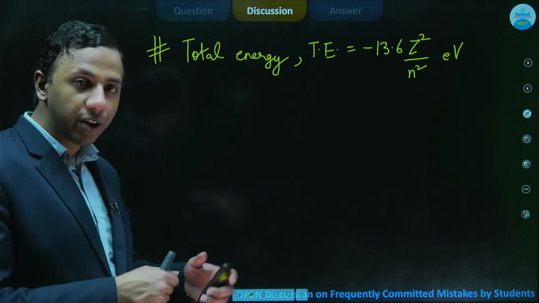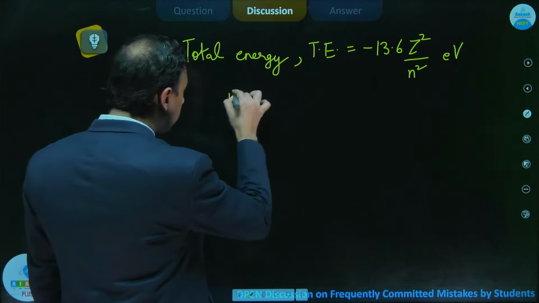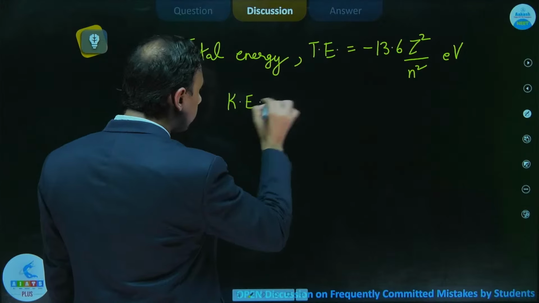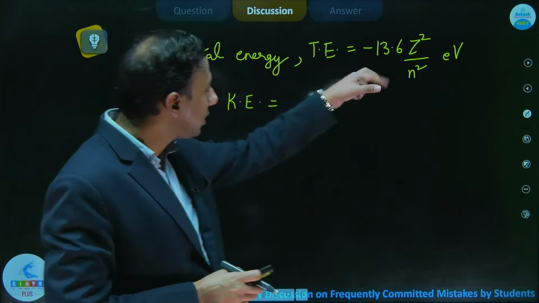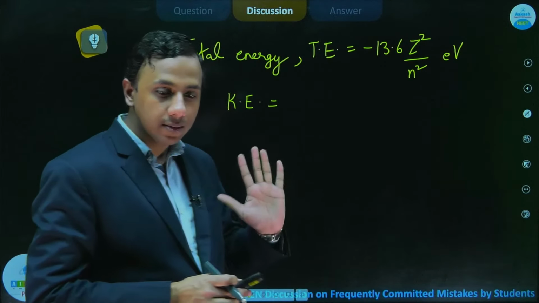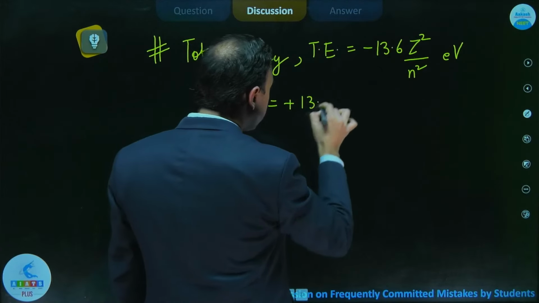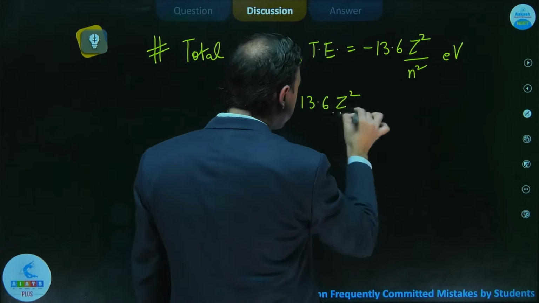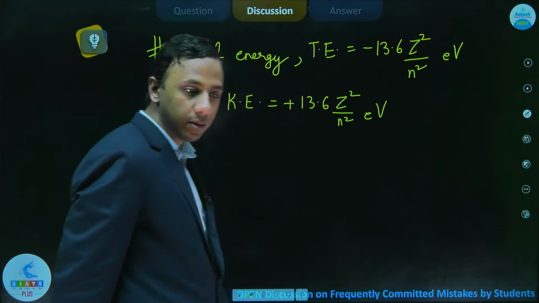You will remember this: minus 13.6 Z square by N square in electron volt. Now if you were to ask the kinetic energy of the electron, then keep in mind that kinetic energy is nothing but minus of total energy. So in the total energy there is a minus sign, make it plus, that's your kinetic energy. So this is simply plus 13.6 Z square by N square electron volt.